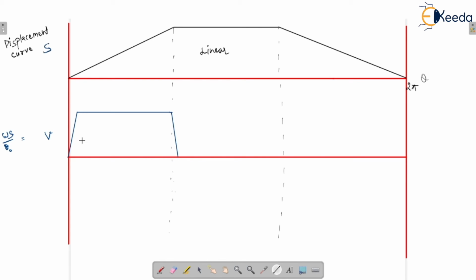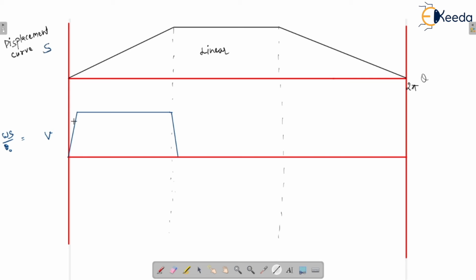Okay, so when the follower rises, during the outstroke time, the velocity of the follower increases suddenly for a short period of time, and it will remain constant because the velocity is constant. Remember that it will increase from 0 to the maximum value, but for a very short period of time. This is the actual diagram I'm drawing here.